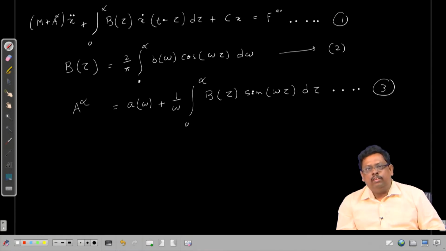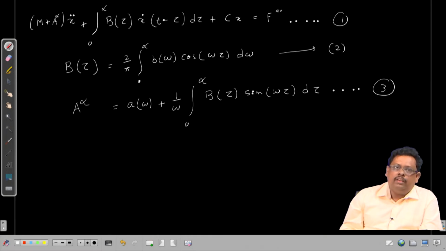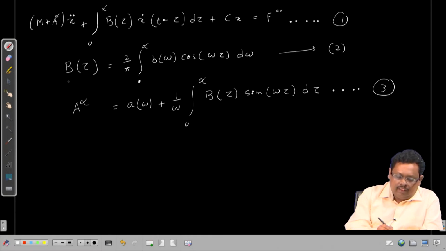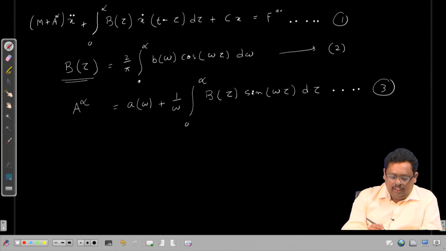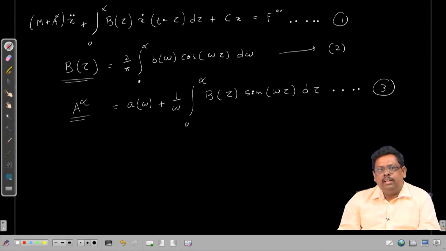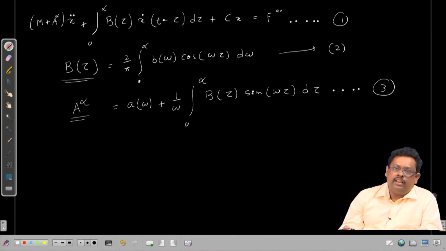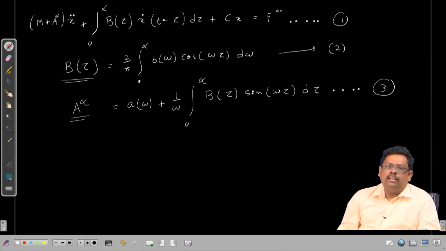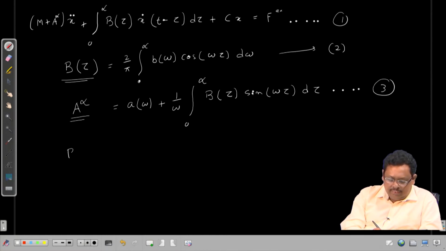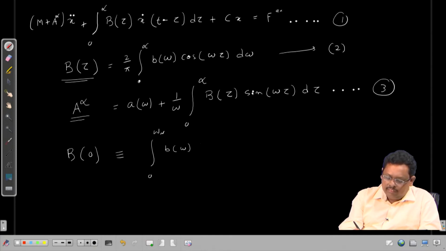So, to solve equation 1, a priori we need to understand how I get this b(tau) and how I get this a infinity. We did not talk about how I get a infinity; today we are going to discuss it. But in the last class we discussed that this b(0) I can get simply by the trapezoidal or Simpson rule, the integral from 0 to some omega n of b(omega) d omega.